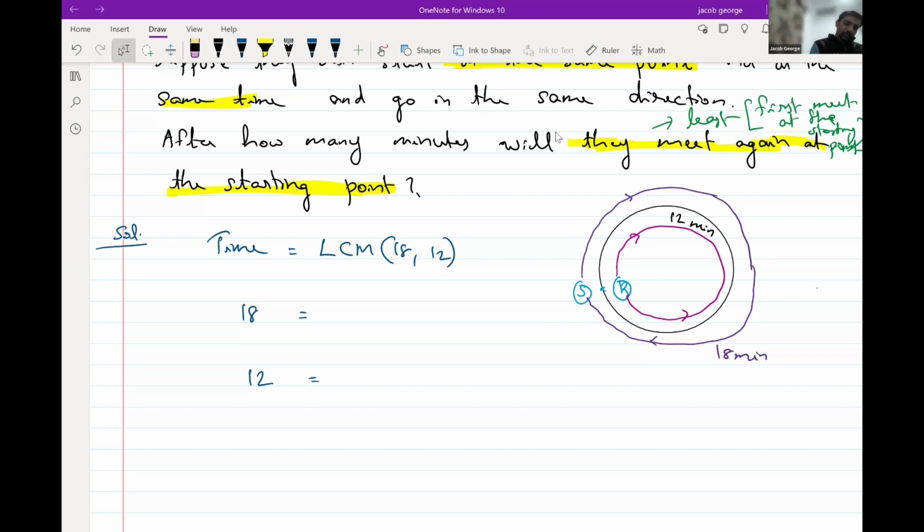Aaron again absent. Abhirami is present.